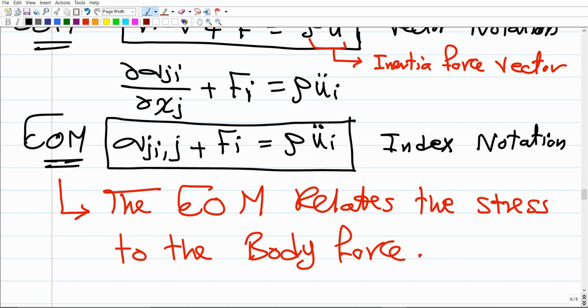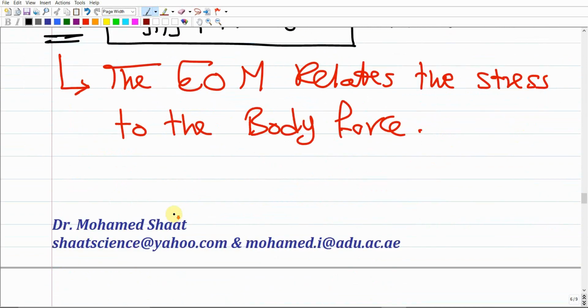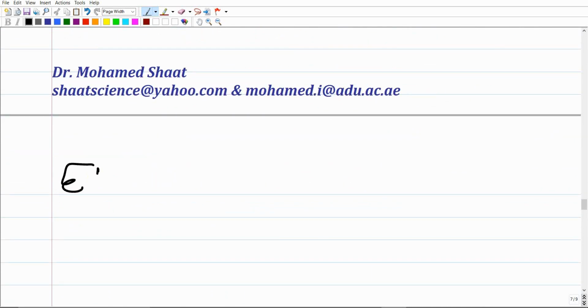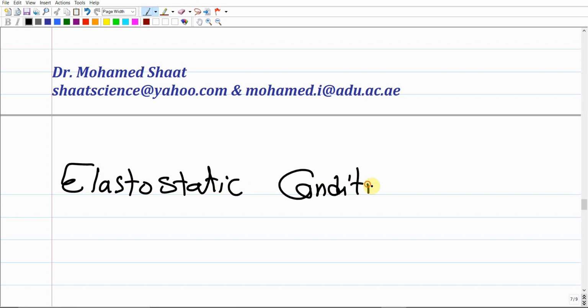In some other cases, how about if we are working in static conditions, or here, the elastostatic condition? Like in the statics class, some types of problems were covered assuming static.